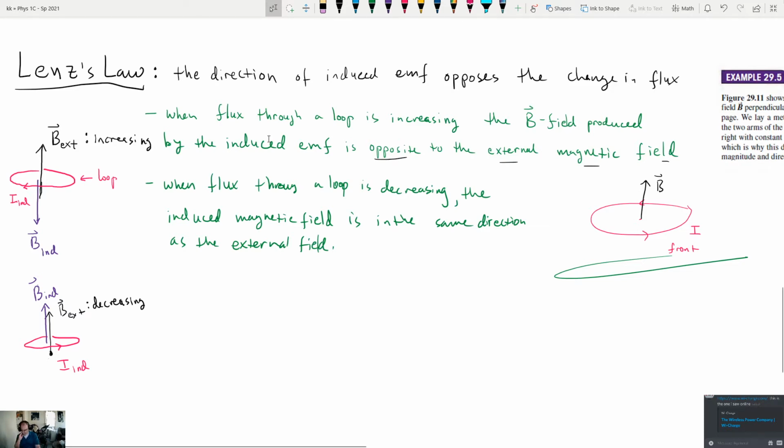So, having said all of that, can you see how that's basically summarized by this? When flux increases, the induced EMF is opposite. When flux decreases, the induced EMF is in the same direction. And a simple way of stating that mathematically is just a negative sign, right?